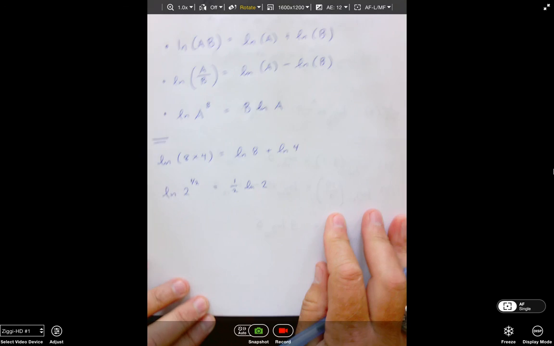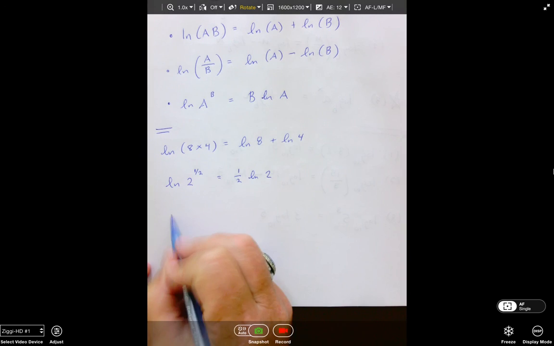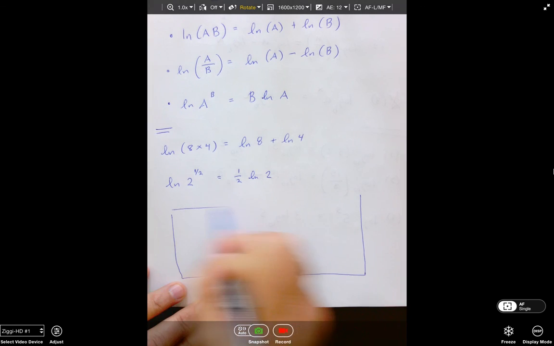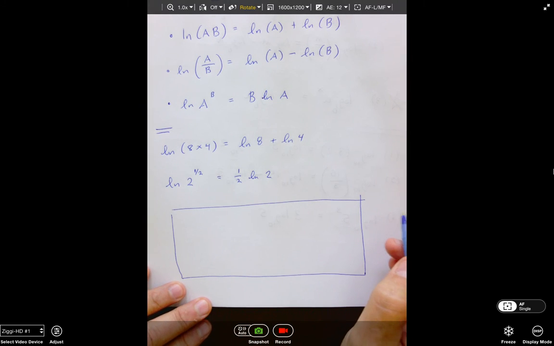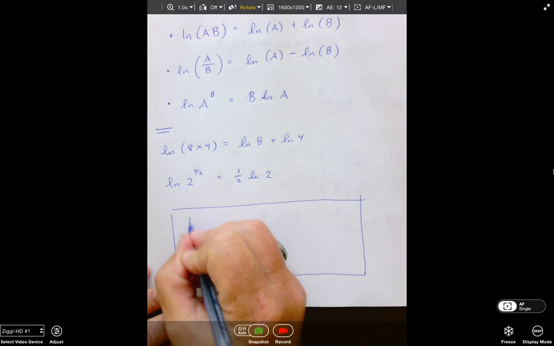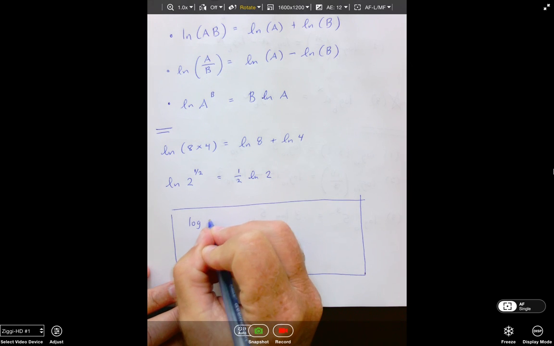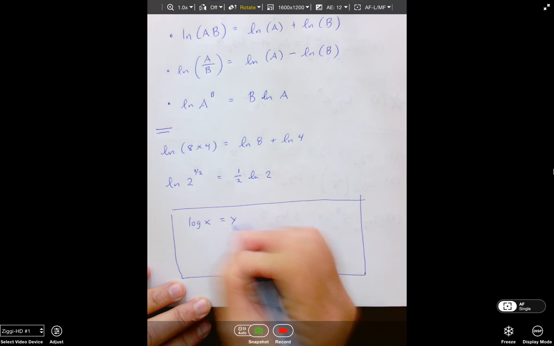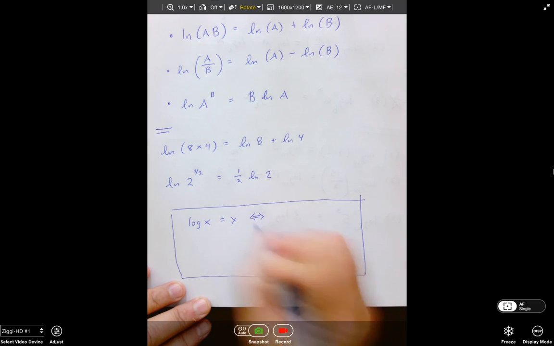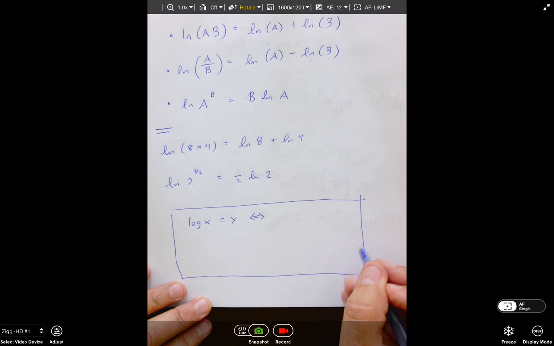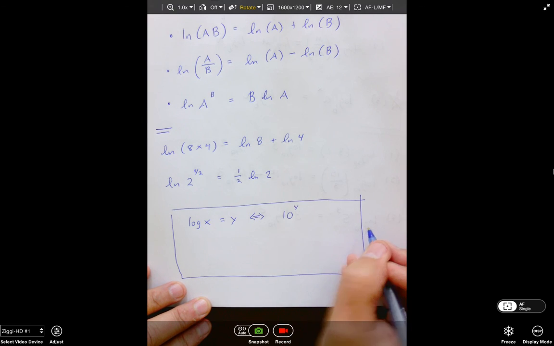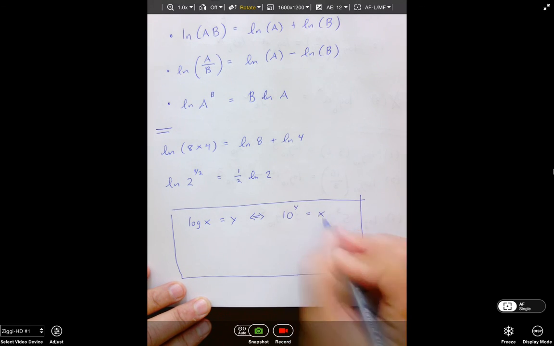Okay? Now, guys, in a nutshell, this relationship between e's and 10s, we can say that log x equal y is equivalent to what? Base 10 raised to the answer equals x.